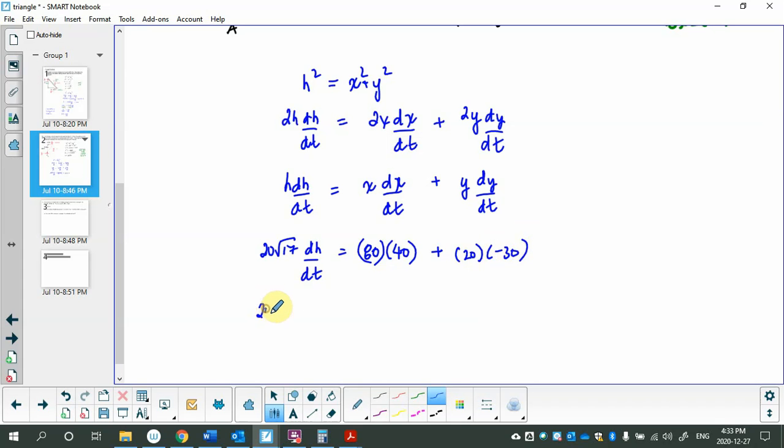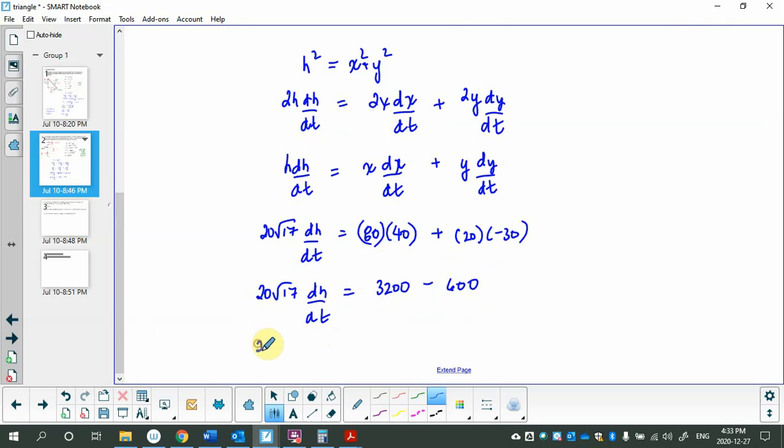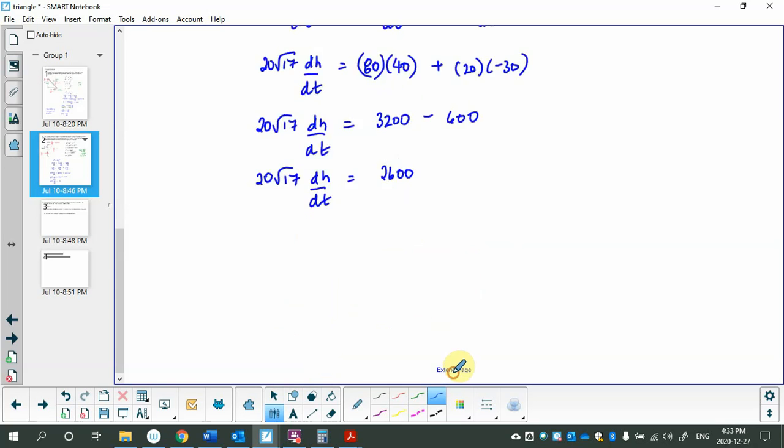So, going to do some math. It's all bad maths on the right-hand side. So it's 3200 minus 600. 32 minus 6, 2600.